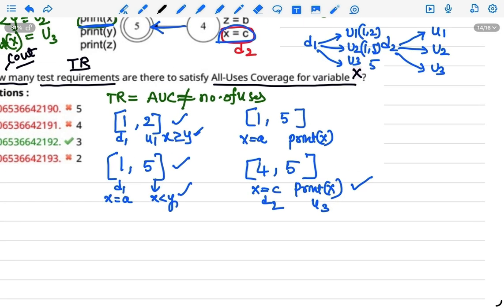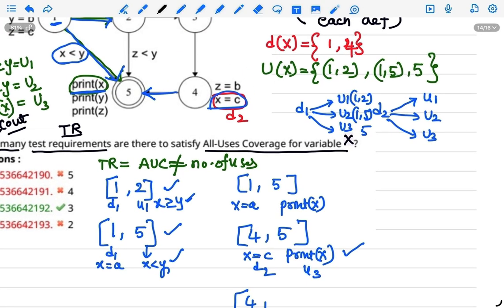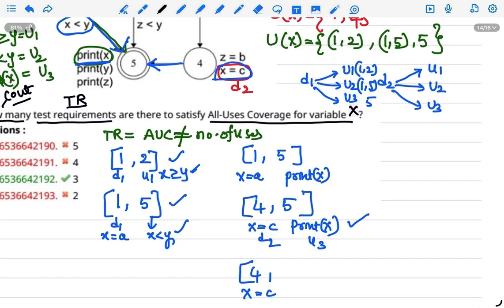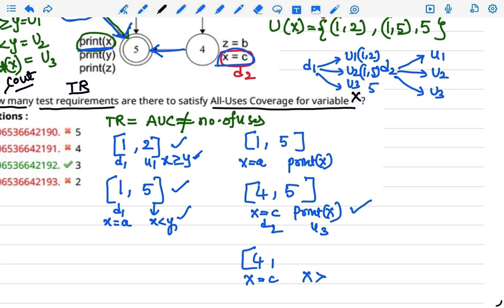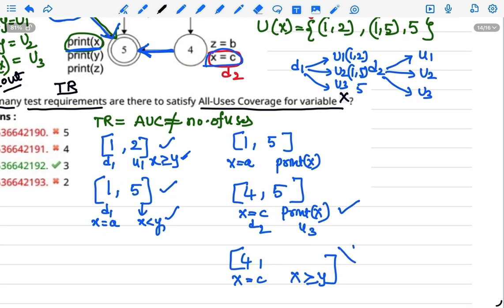And next, the definition at x equals c, definition 2, and the use at edge 1 comma 2, which is x greater than or equal to y. Is this path reachable? Is there any path from 4 to this use u1? No, there are no arrows, no valid paths, so it's not possible.